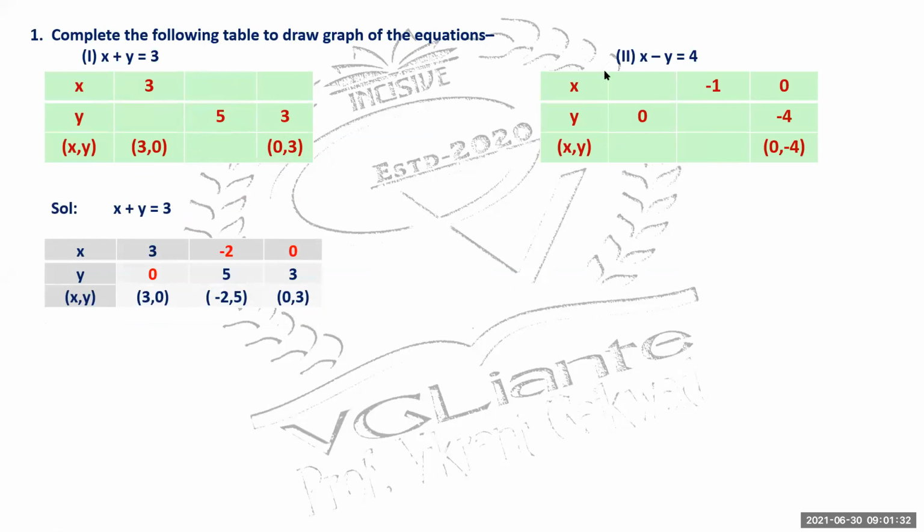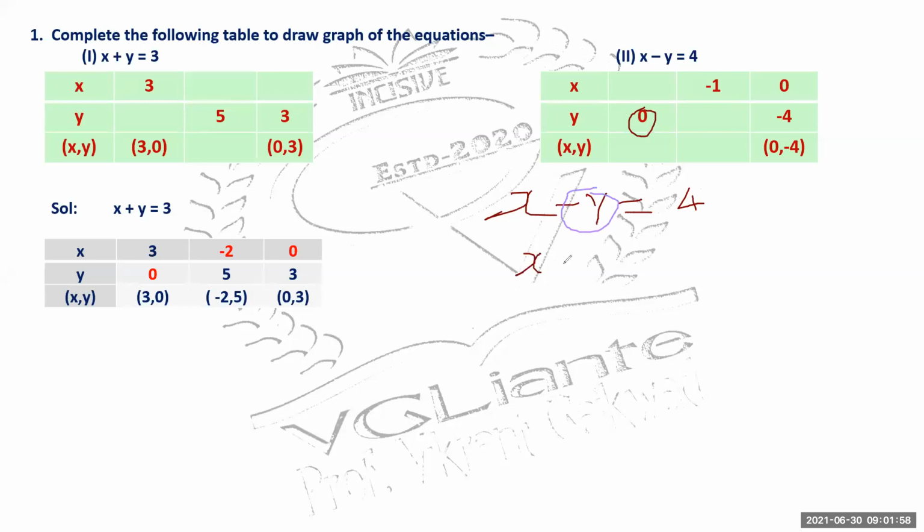Now here check, what is the equation? Equation is x minus y equals to 4, and the value of y is given to you, 0. So here what you're going to do is replace this y with 0.